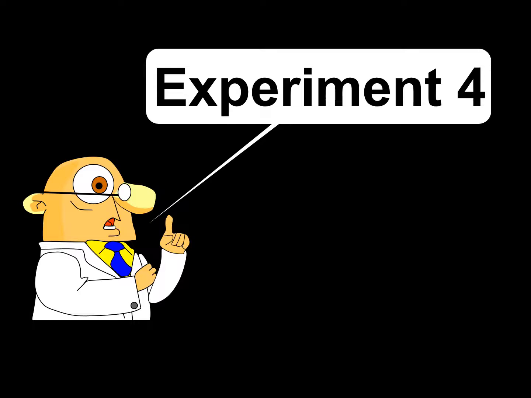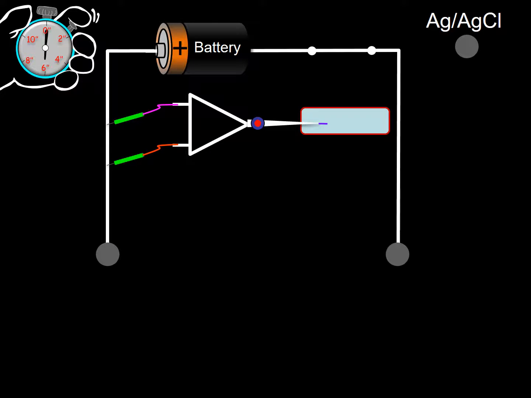Now let's do a fourth experiment. In this experiment, I am going to start with an open circuit and two silver chloride electrodes. Since there is no connection between the two silver chloride electrodes, the tracing will be recording a flat line.